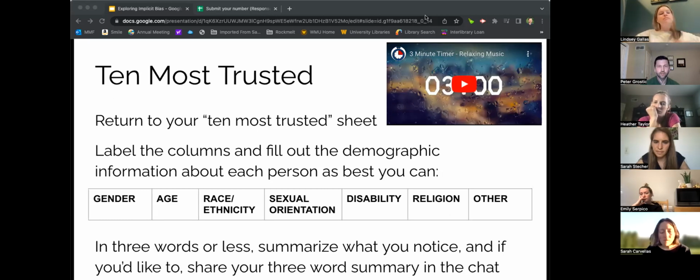But we'd like you to add some columns like gender, age, race or ethnicity, sexual orientation, disability, religion, or other categories that you might think of, and then start to fill out your list so that the people you listed as the people you trust most, where do they fall in those categories? And we just want to look for some trends.